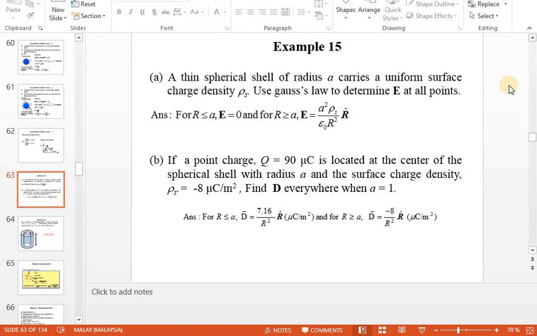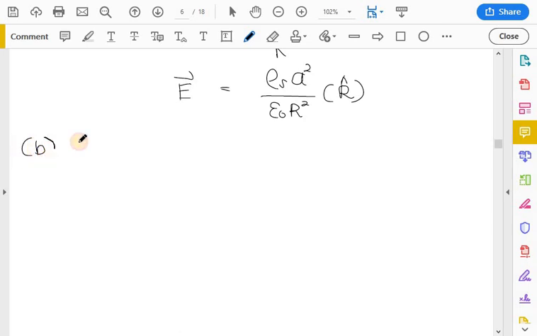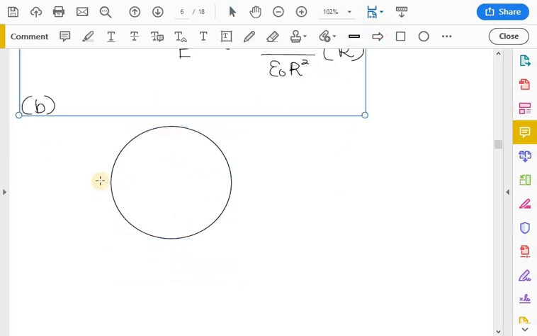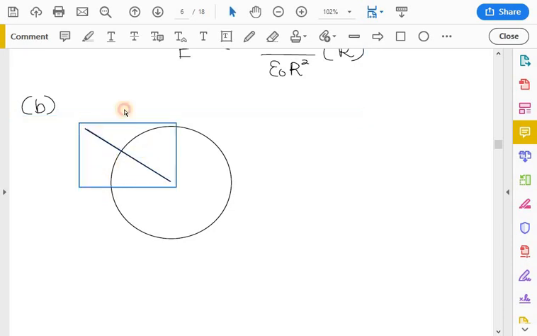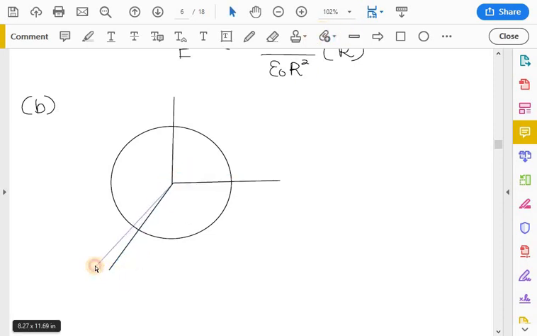Okay, let's draw this structure out. This is B. Label the information inside your drawing.